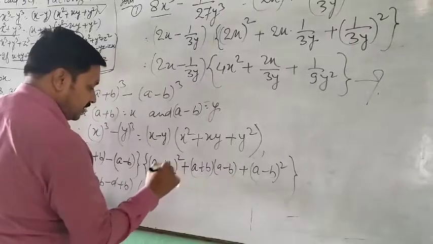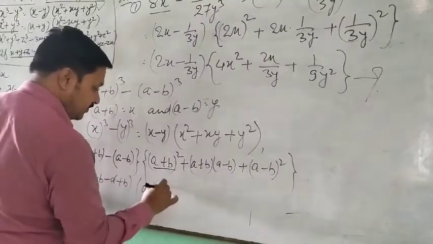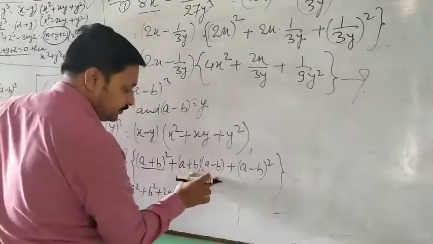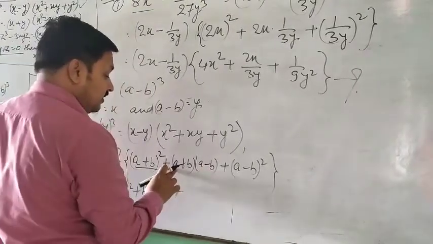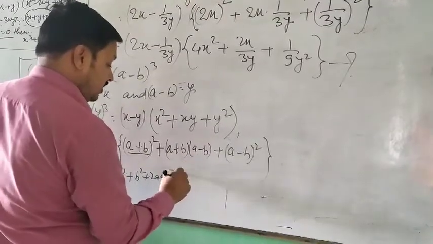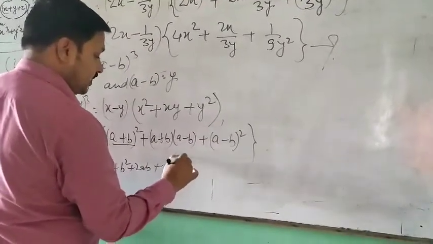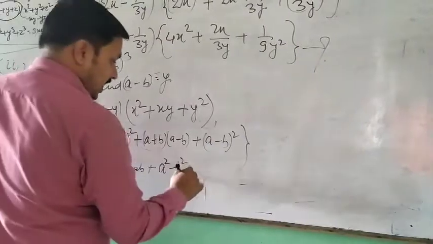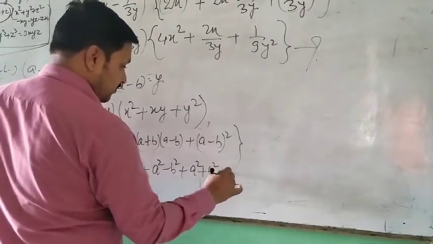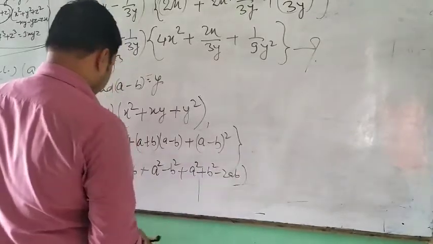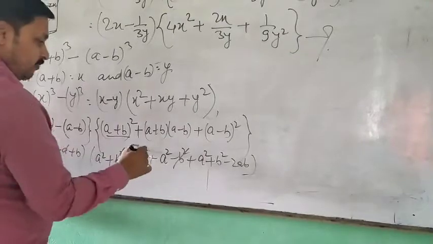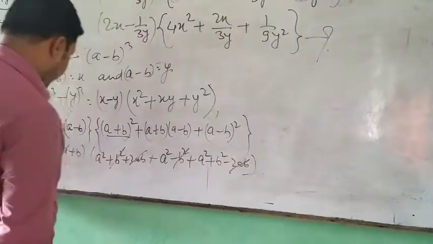This is (a plus b) the whole square, so a square plus b square plus 2ab, plus here it is (a plus b) and (a minus b). So it is the formula of a square minus b square, and this is the formula a square plus b square minus 2ab. So minus b square cancels, plus 2ab minus 2ab cancels.